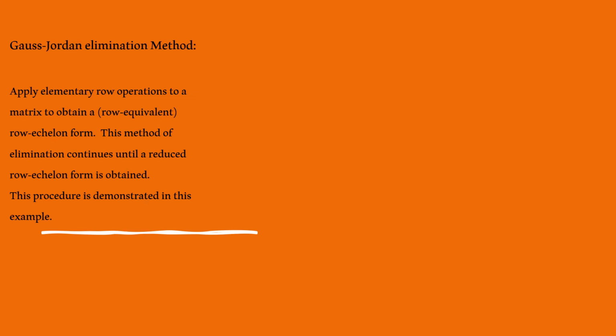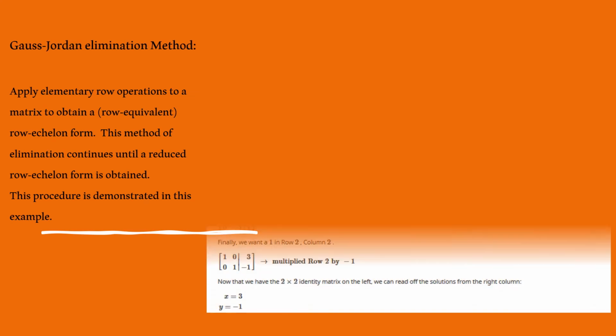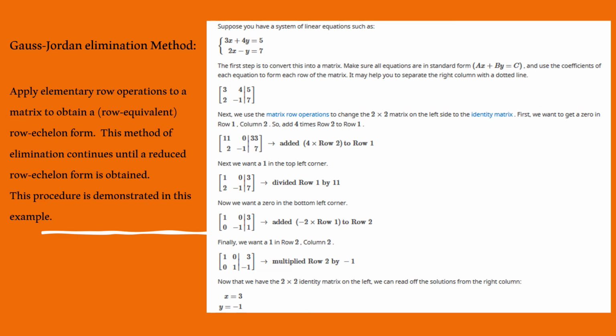We can also make use of the Gauss Jordan elimination method. But if you're doing it by hand, it is a rigorous process. The first step is to rewrite this as an augmented matrix with the coefficients and the constants.